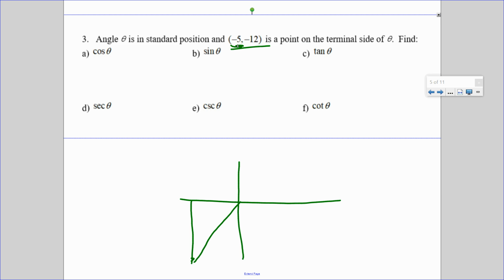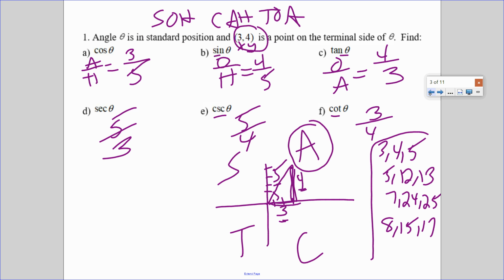The x is 5, so this distance has to be 5. The y is 12. Again, I'm not going to put the negatives in because on a triangle, the distances are always positive. I need to fill in the third side. Is this a Pythagorean triple? Let's see, 5, 12.